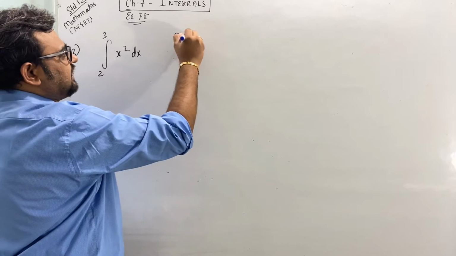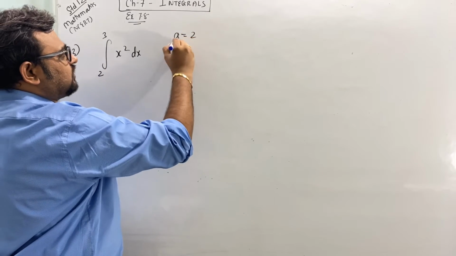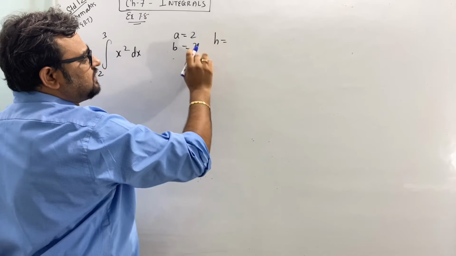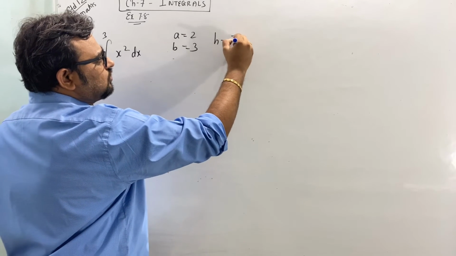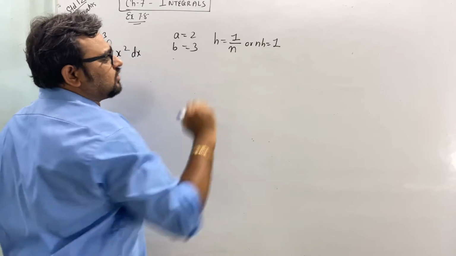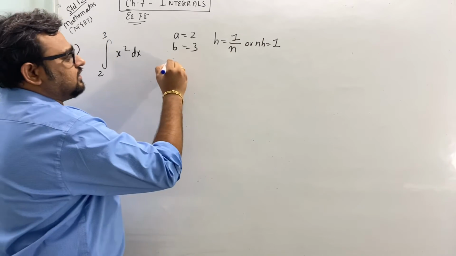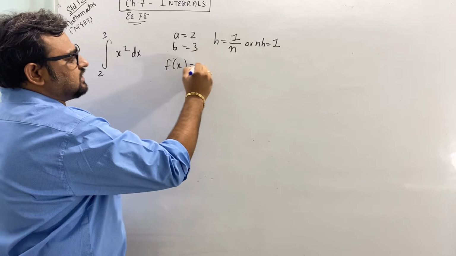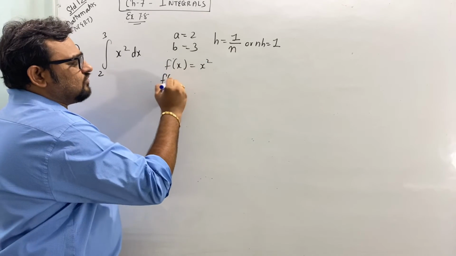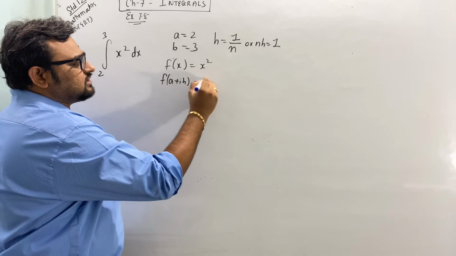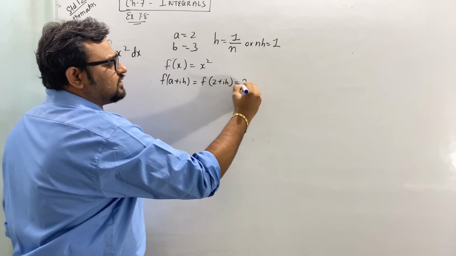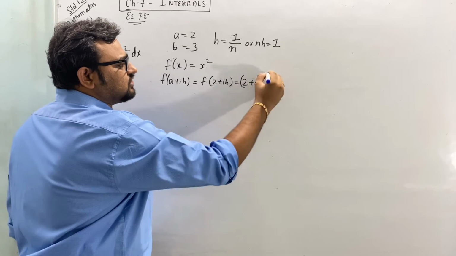Okay, so what is our a? 2. What is our b? 3. Right? h is b minus a, so 3 minus 2, 1 upon n, or nh is equal to 1. f of x is x square. f of a plus ih, what is a? 2 plus ih, so this will be 2 plus ih whole square.